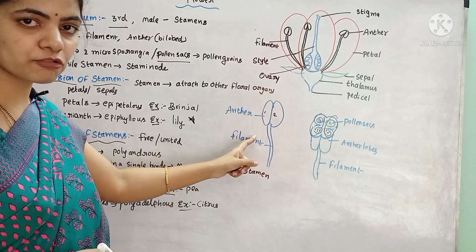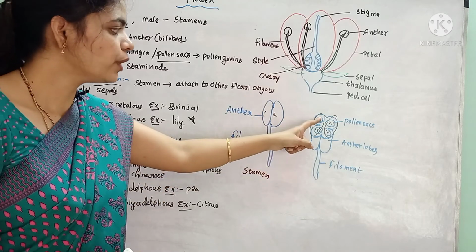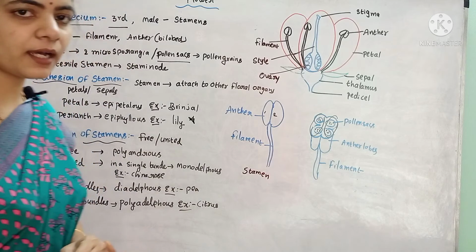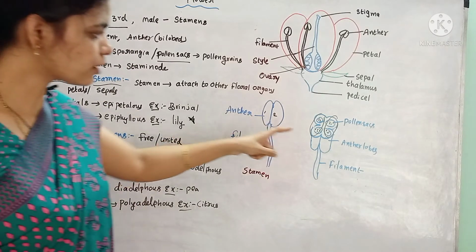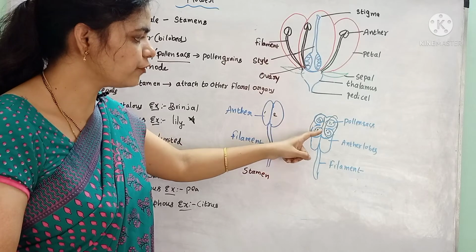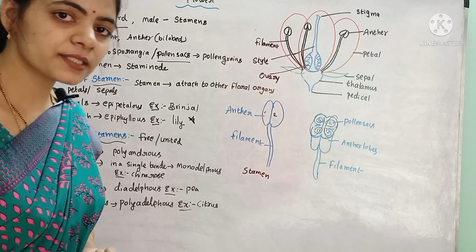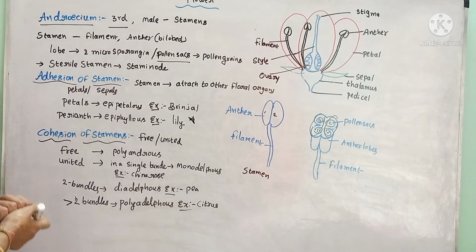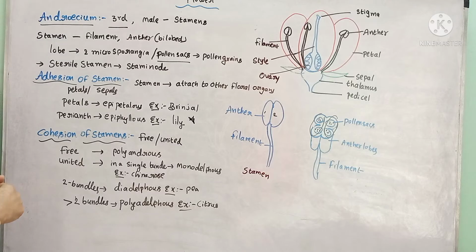Each lobe consists of two pollen sacs or two microsporangia. These pollen sacs produce pollen grains, which consist of male gametes. Hence, the androecium is called the male reproductive organ.